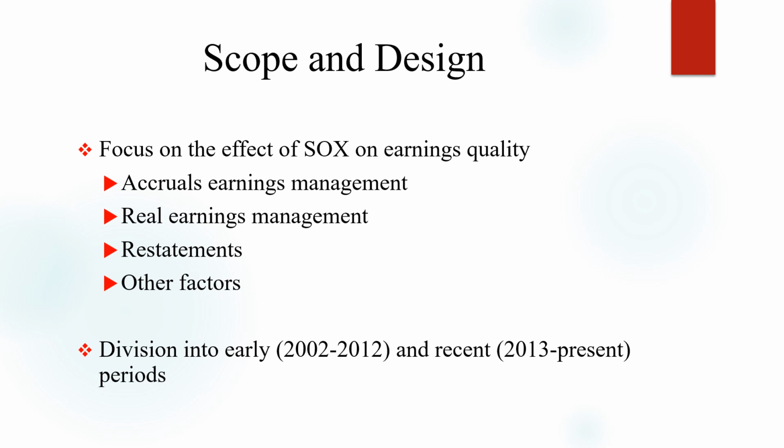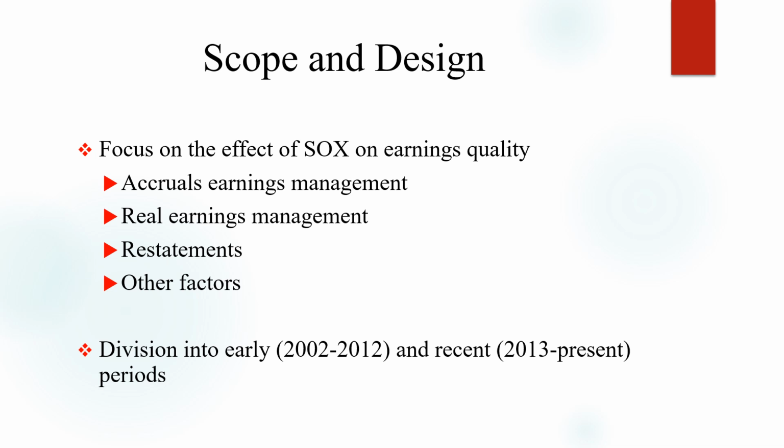This literature review is not designed to do that. The scope is much more narrow. This focuses on the relationship between Sarbanes-Oxley and earnings quality. So I'm looking at a very specific topic here. How did Sarbanes-Oxley affect earnings quality, specifically in the realm of earnings management, for accruals earnings management and real earnings management, in terms of restatements and other related factors?